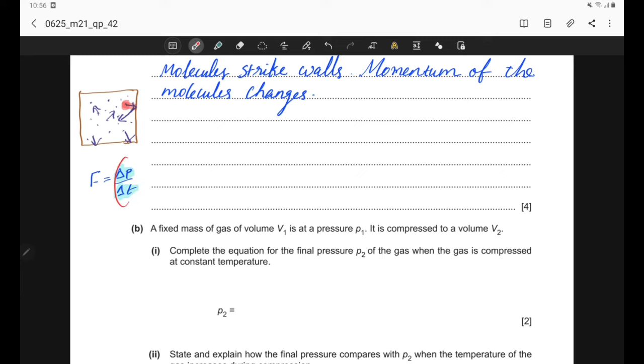So because of this, there will be a force exerted on the walls by the molecules when they strike. So to indicate this point, we can write the force equation, that is force is equal to rate of change of momentum.